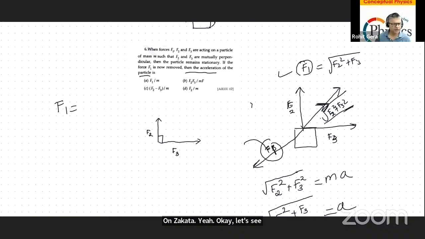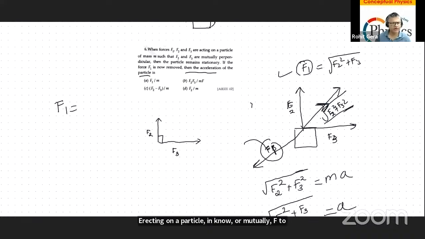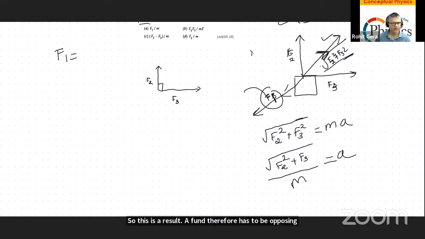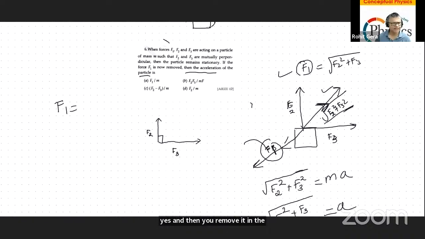So the two forces are acting at right angle to each other. Yes. They are acting on a particle and F2 and F3 are mutually perpendicular. So this is the resultant. F1 therefore has to be opposing. Yes. And then you remove F1. Then the acceleration. Yeah, I think none of the choices is correct then.